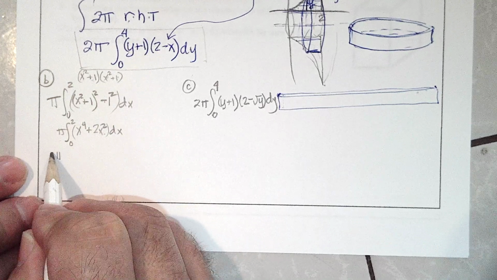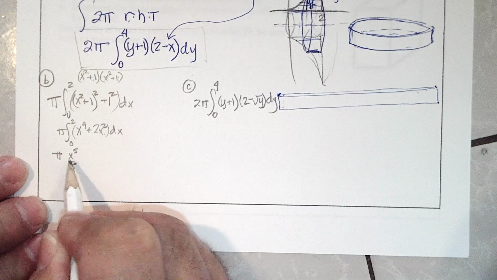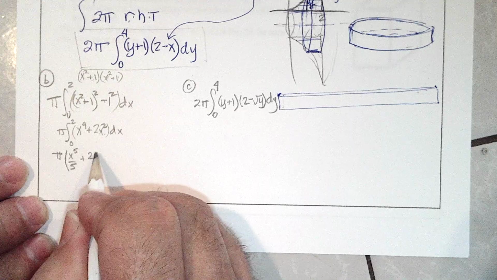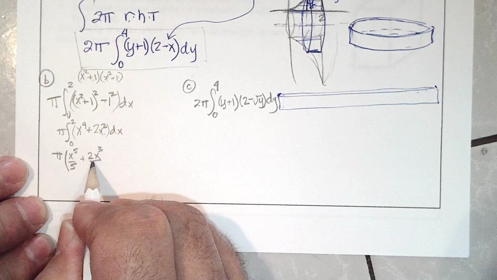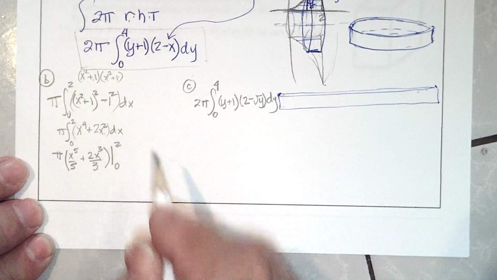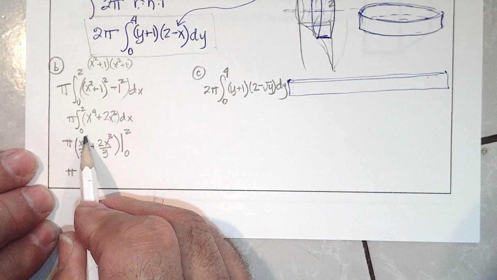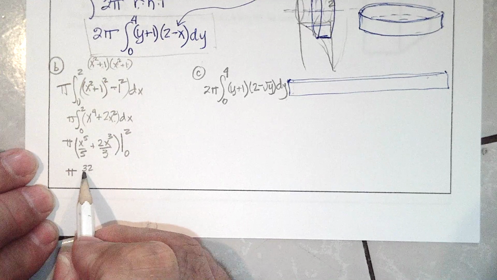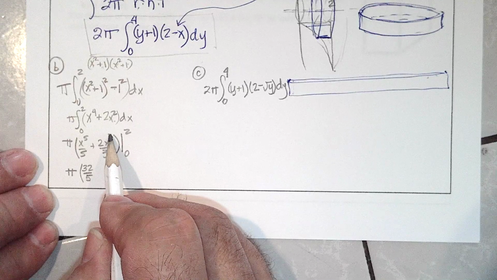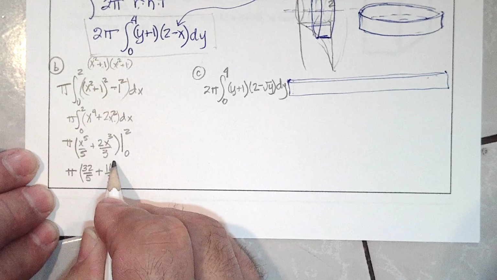So it's pi, x to the 5th over 5, and this will be plus 2x to the 3rd over 3, evaluated from 0 to 2, which is going to be pi, 2 to the 5th is 32 fifths. 2 to the 3rd is 8 times 2 is 16, plus 16 thirds.